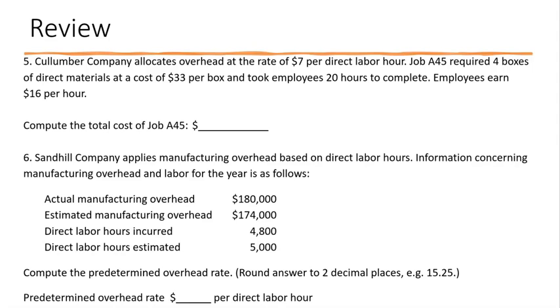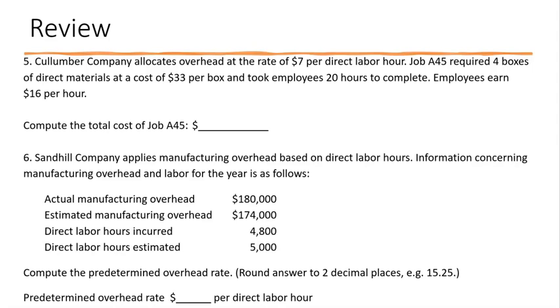Cull Lumber Company allocates overhead at the rate of $7 per direct labor hour. Job A45 requires 4 boxes of direct materials at a cost of $33 per box and took its employees 20 hours to complete. The employees earned $16 per hour. So we need to compute the total cost of job A45. So we're going to look for direct materials, direct labor, and overhead.